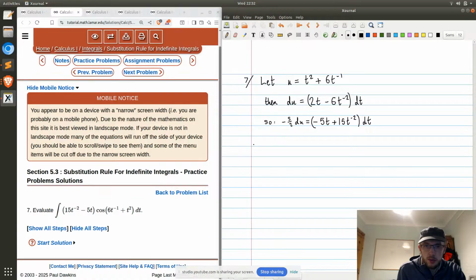Now the original integral becomes negative 5 over 2 in the front, cosine of u du. What's the integral of cosine of x? Sine.